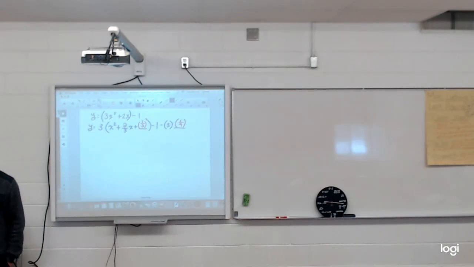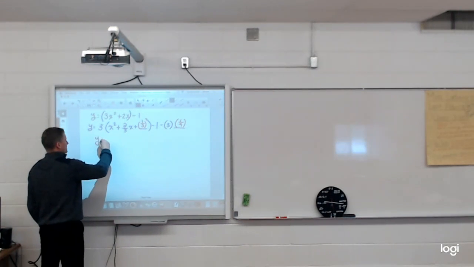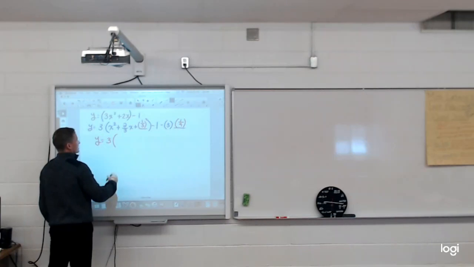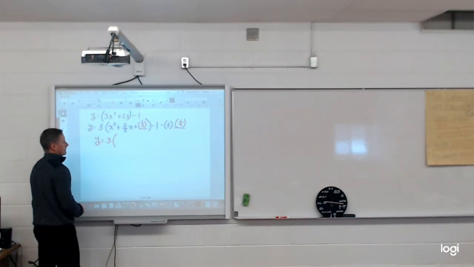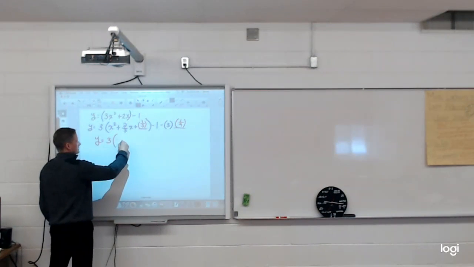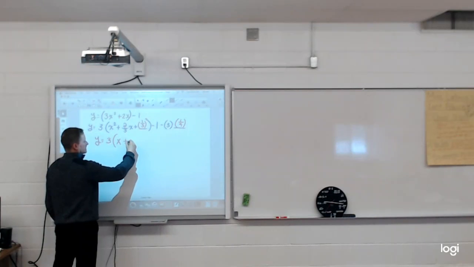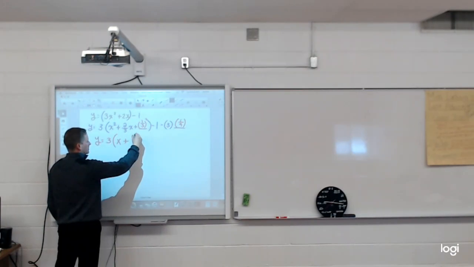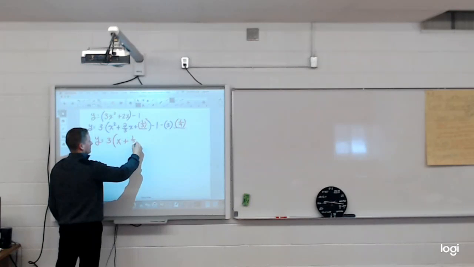All right. We don't want to use calculators. We don't want to use the decimals. We want to keep them as fractions, okay? All right. So y equals my simplification. So what is it now? x plus, what's the square root of 1/3 squared? 1/3.